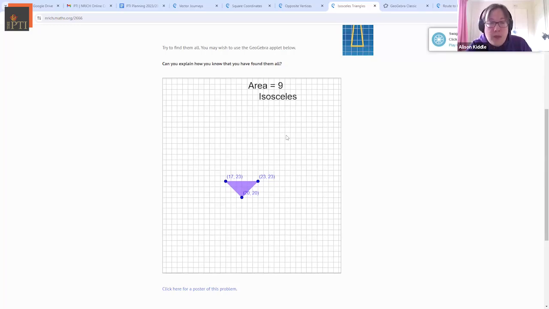So this is how we're going to start to get into the conversation. How do you know that we've found them all? Because if I'm making an area of 9, I need to have 2 numbers that multiply together to give 18. And so there aren't too many of those. So there's not going to be too many possibilities.